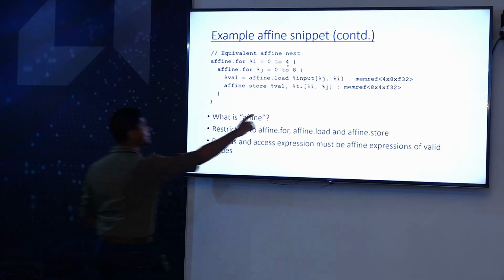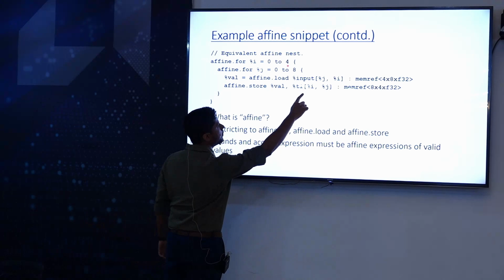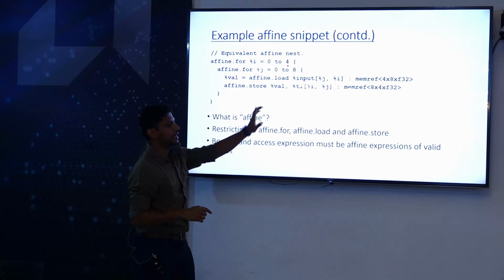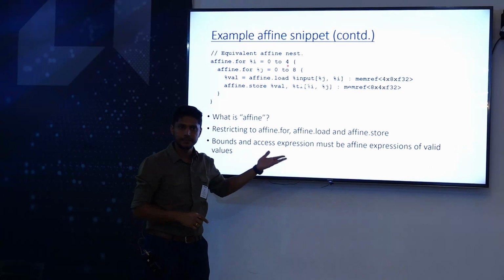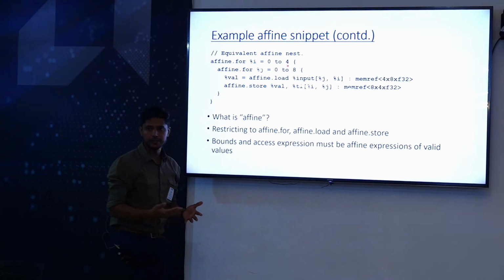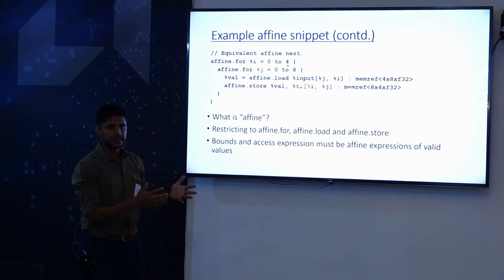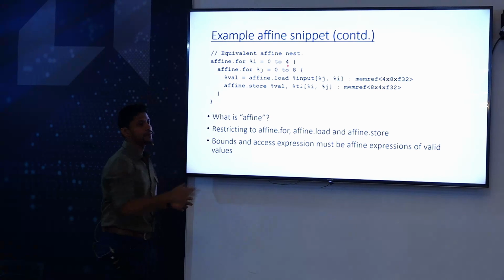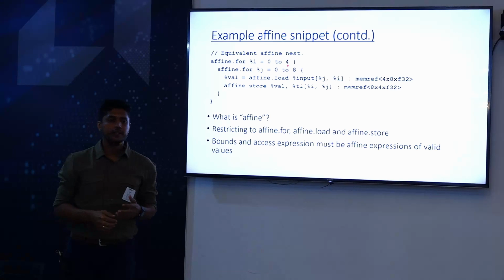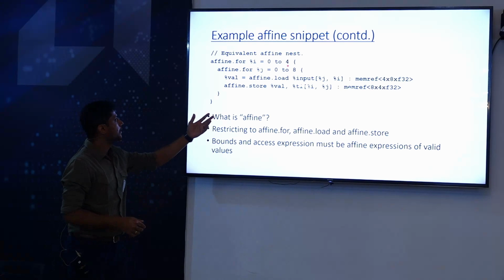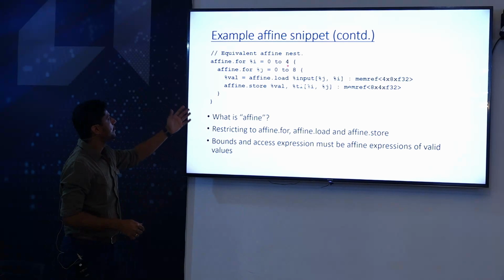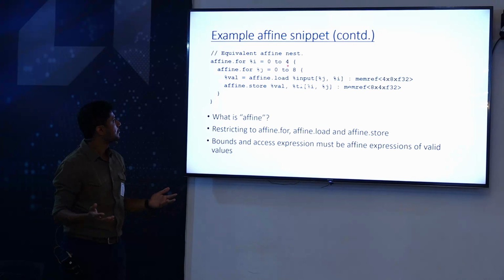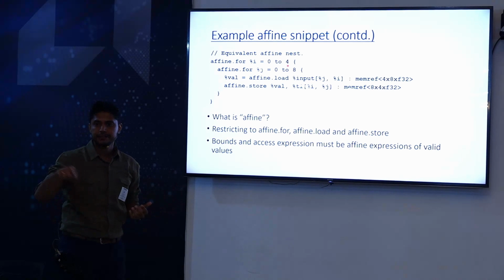They have to be affine. If I had made this J, instead of J, I had put J star J, then it doesn't become affine. It will immediately throw an error. The parser will say, I cannot parse it, it cannot be affine. Similarly, if you say affine for 0 to 4, or 0 to 8, if you had done sine of I, sine as in the sin function, again that is not affine.